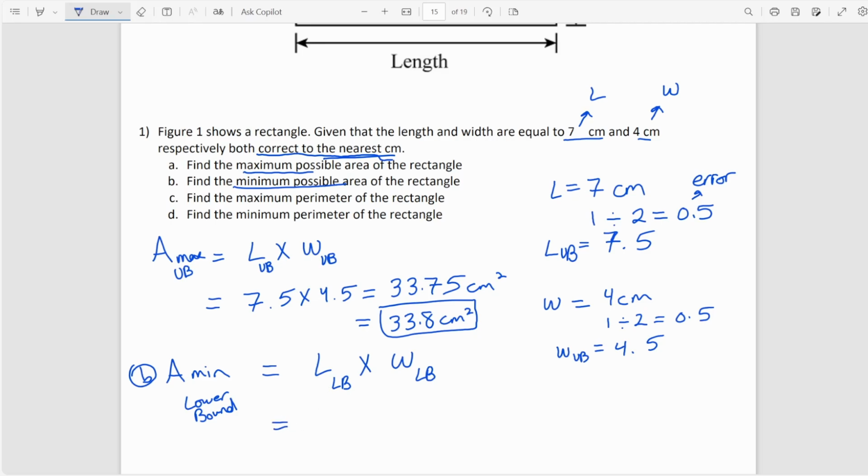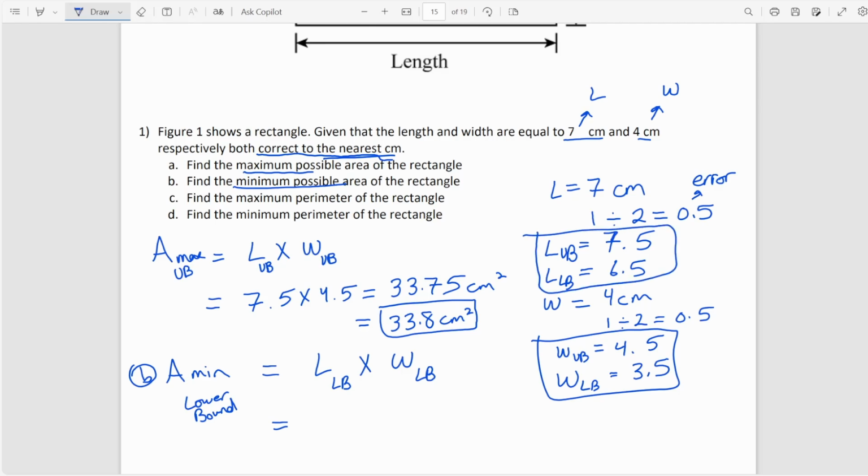Now the lower bound for the length, we didn't find it, but we can just find it easily right here. So the lower bound for the length is going to be 7 minus the error, so it's 6.5. And the lower bound for the width is also going to be 4 minus 0.5, which is 3.5. So now we have all of the upper and lower bounds for both variables ready for use.